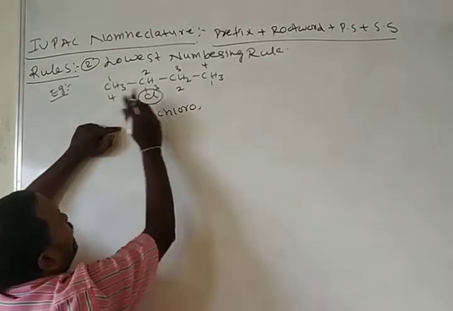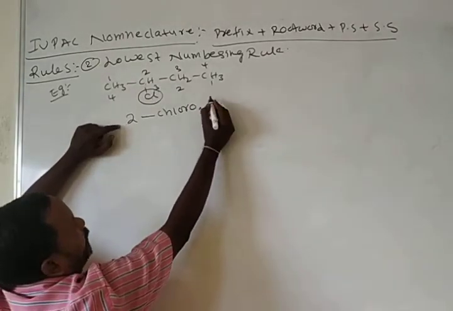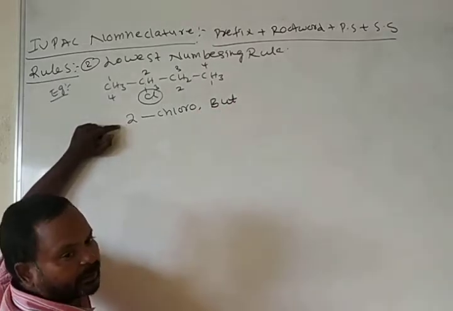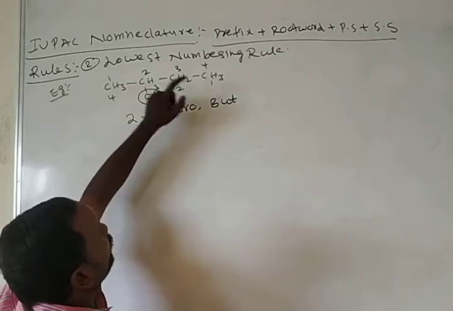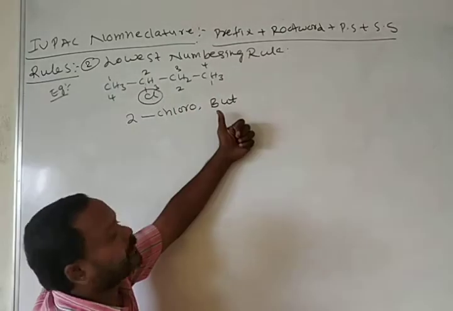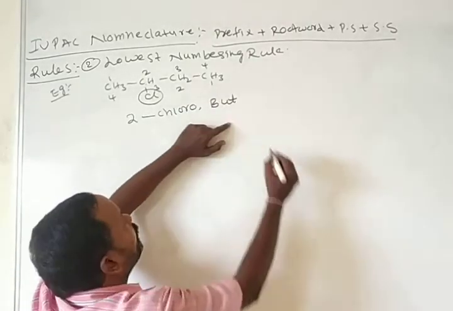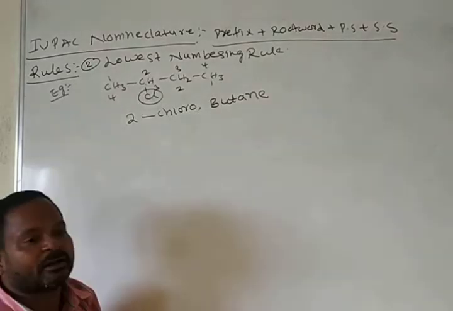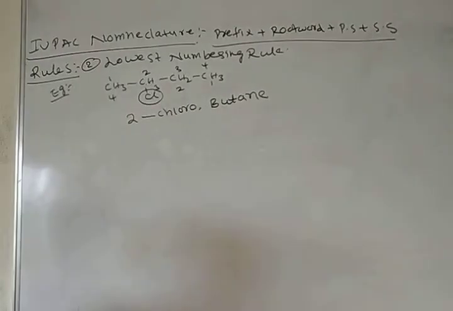And here, how many carbon atoms are there? 4 carbon atoms. 4 means the root word but. Next, after the root word, the primary suffix. Is there any double bond or triple bond? No. So write ane. The IUPAC name of this molecule is 2-chlorobutane.